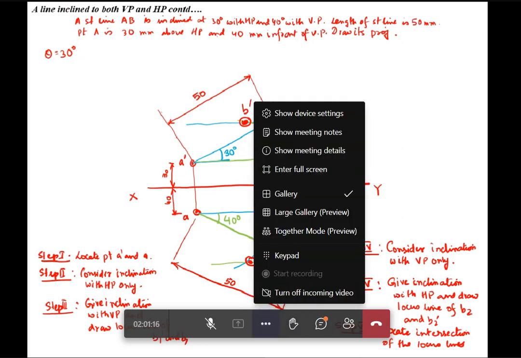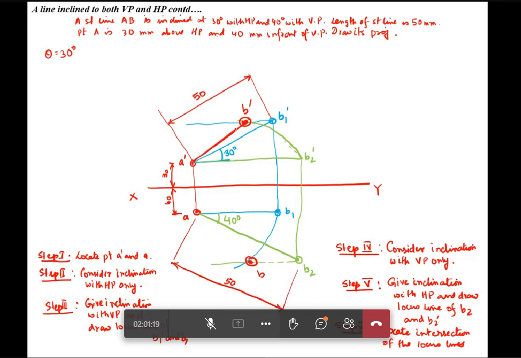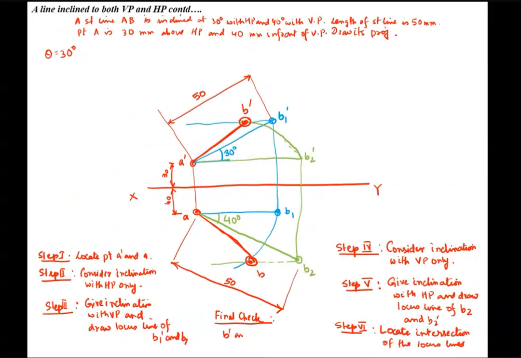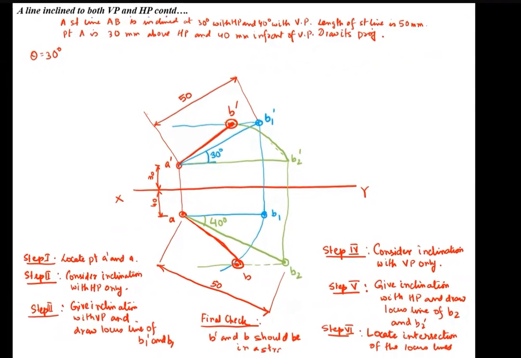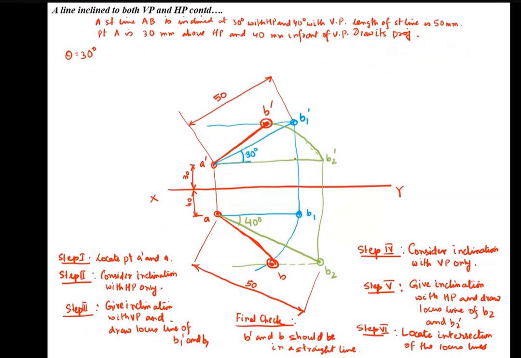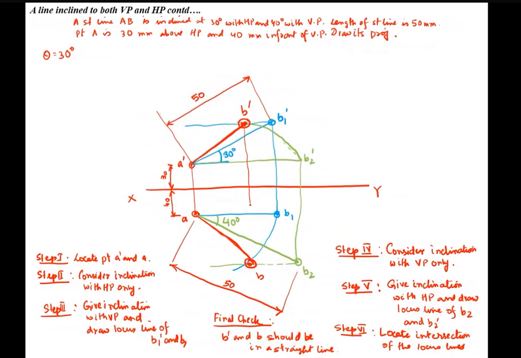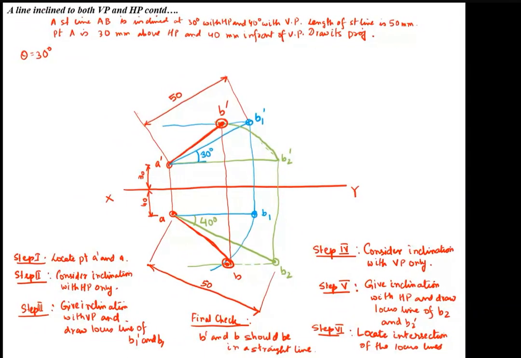I join A dash to B dash, and I join A to B. As a final check, B dash and B should be in a same straight line if you draw the projection correctly.